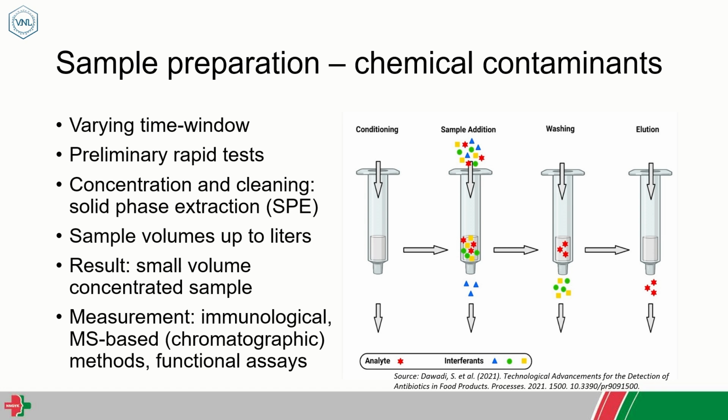With this technique, we can concentrate and clean up our sample, and at the end of the process, we have a small volume concentrated sample ready for measurement by immunological, mass spectrometry-based, or functional assay-based methods.